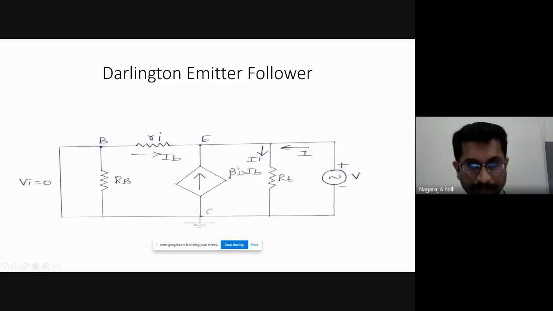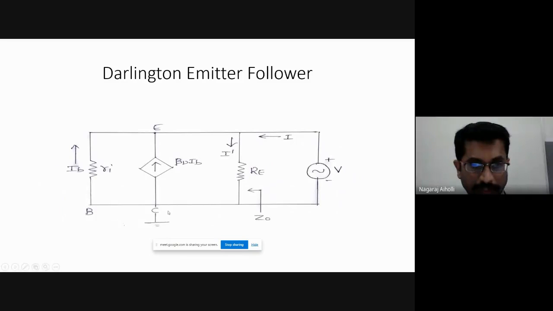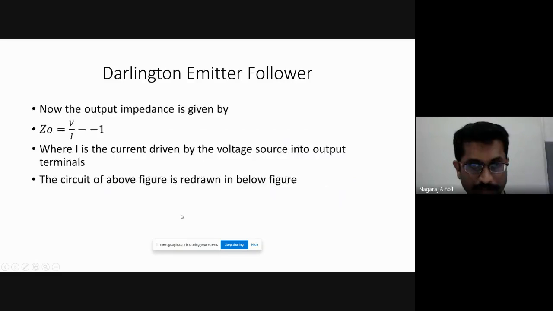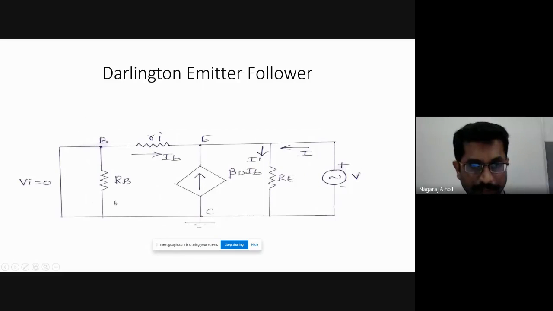Beta DIB is coming in between emitter and collector, and the collector is grounded. Fine. So on one side here we have base, and the other side is collector. They are shorted.